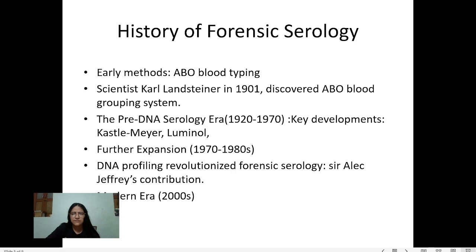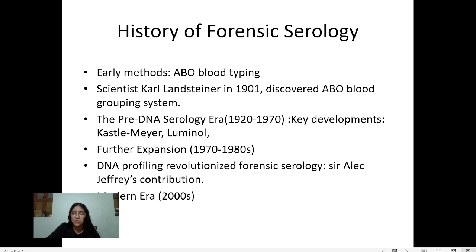But even when DNA fingerprinting became possible, basic forensic serology remained crucial for the first step, which means identifying what the stain was. I have already mentioned that finding the stain and knowing what stains should be sent for DNA analysis is much more important. Detecting blood, semen, saliva, etc., before sending it for DNA is important.